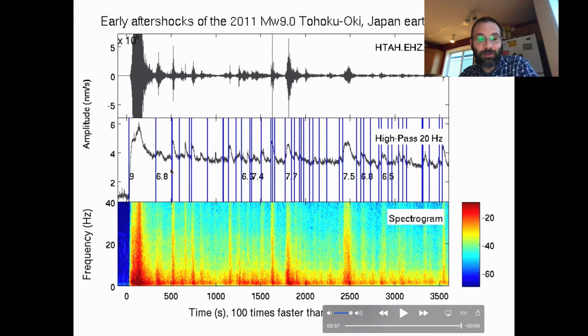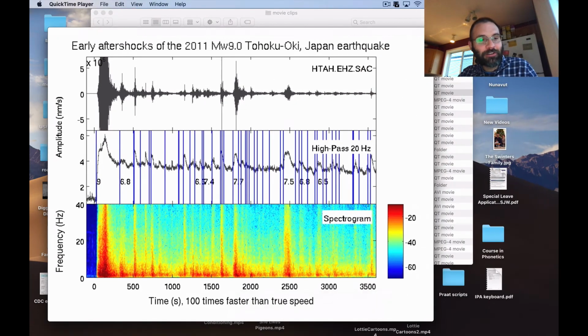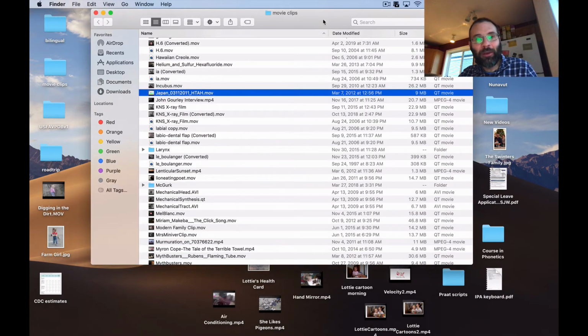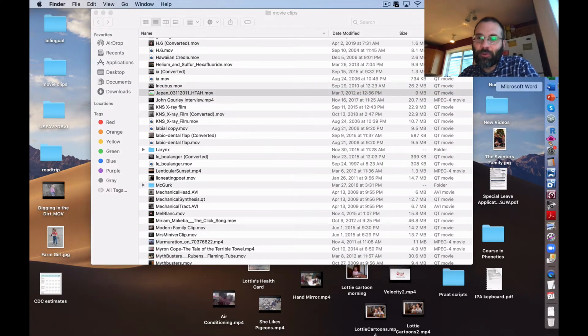That was a 6.6, but each of these aftershocks is basically 6.6 or stronger. And this is a logarithmic scale, so 7.6 is 10 times stronger than a 6.6 earthquake. That is just kind of incredible to think about.